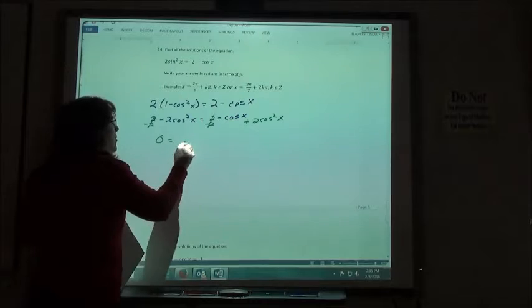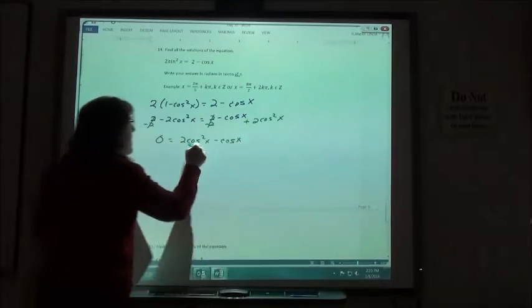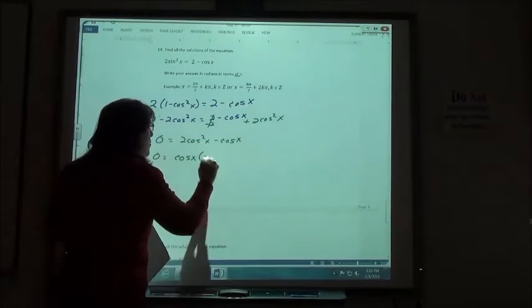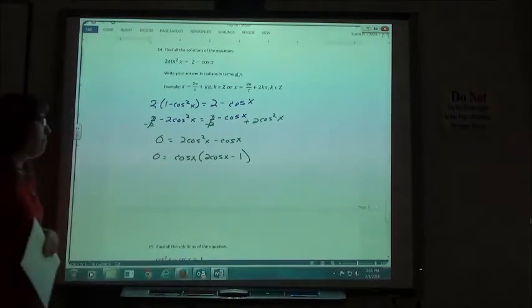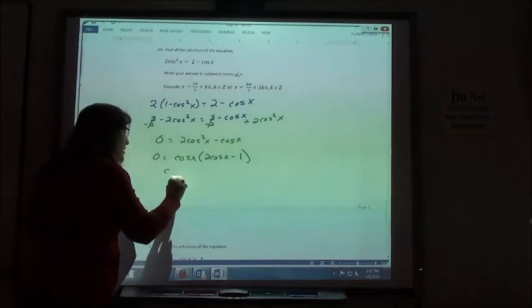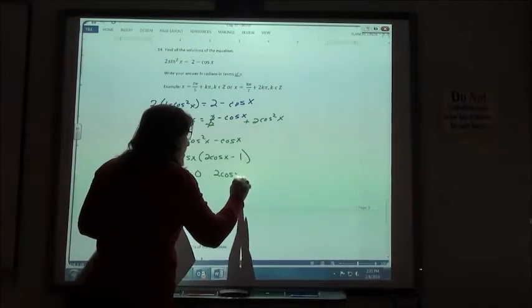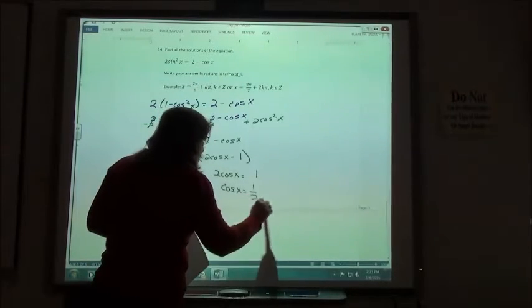So 0 equals 2 cosine squared of x minus the cosine of x. Factoring that, I can take out one of my cosines, which leaves me 2 cosine of x minus 1. So either the cosine of x equals 0, or 2 cosine of x equals a positive 1, cosine of x equals positive 1/2 then.